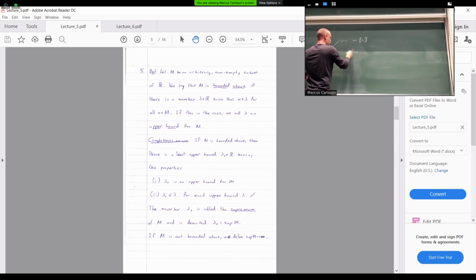If we call the function f, then f of x, I just write x, is less than or equal to 1, which is equal to f of 1. So you find a point in the domain such that the function value there is bigger than all other function values. This is what it means to attain its maximum, and we're looking for such points. This theorem says that there always exist such points.